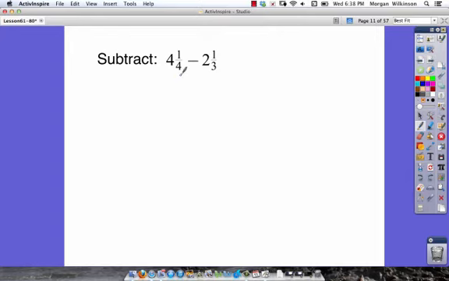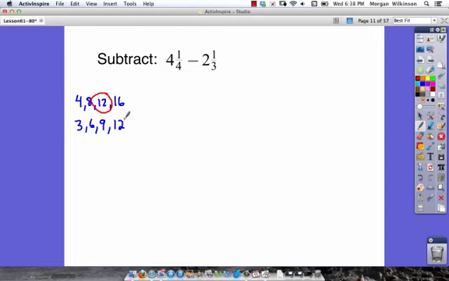Alright, we've got 4 1/4 minus 2 1/3. Let's skip count to find our least common multiple of 4 and 3. So we're going to have 4, 8, 12, 16. And then for 3, we'd have 3, 6, 9, 12. We're going to stop there because we've already found our least common multiple.